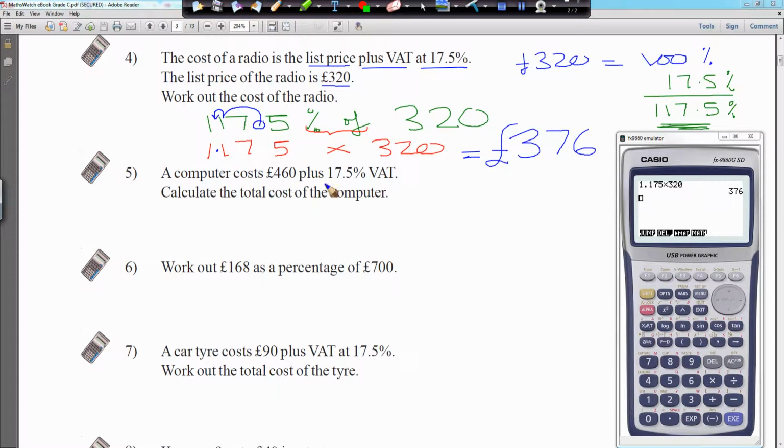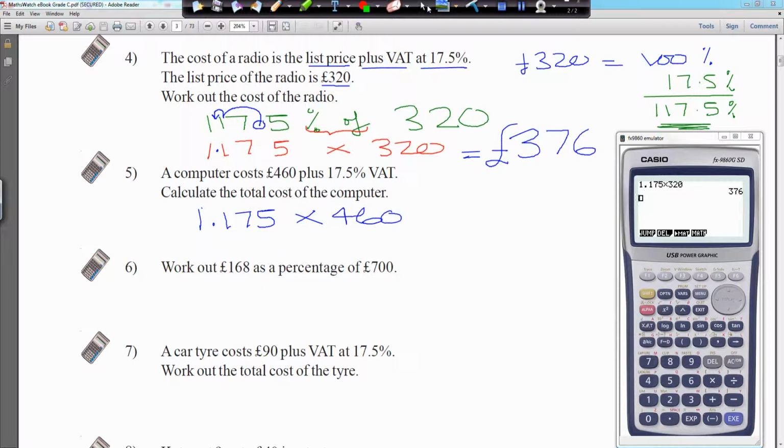Similarly, if you want to do the next question nice and quickly, same way, 1.175 is the decimal multiplier for the 17.5% increase. We multiply that by 460 and put that straight into the calculator.